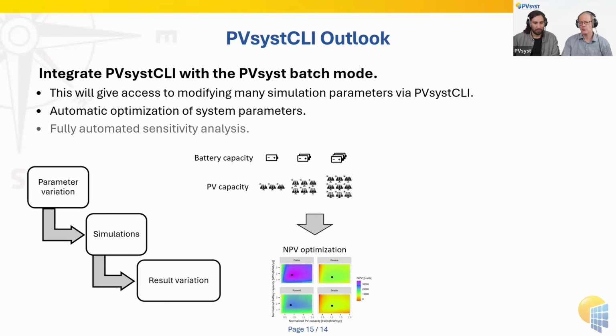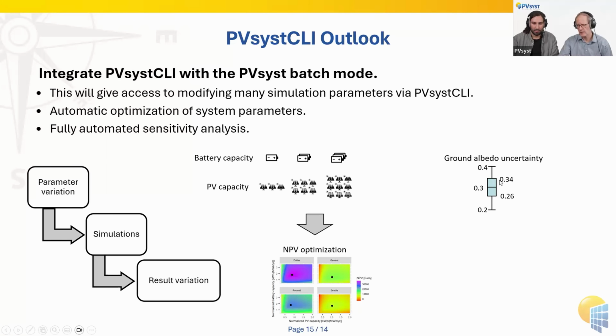The second thing you could imagine are fully automated sensitivity analyses. So let's say, just as an example, that you have a bifacial simulation and you don't know exactly the ground albedo you need to use because there's some uncertainty on it, and you want to understand how this uncertainty of the ground albedo propagates to the result of the PV generation.